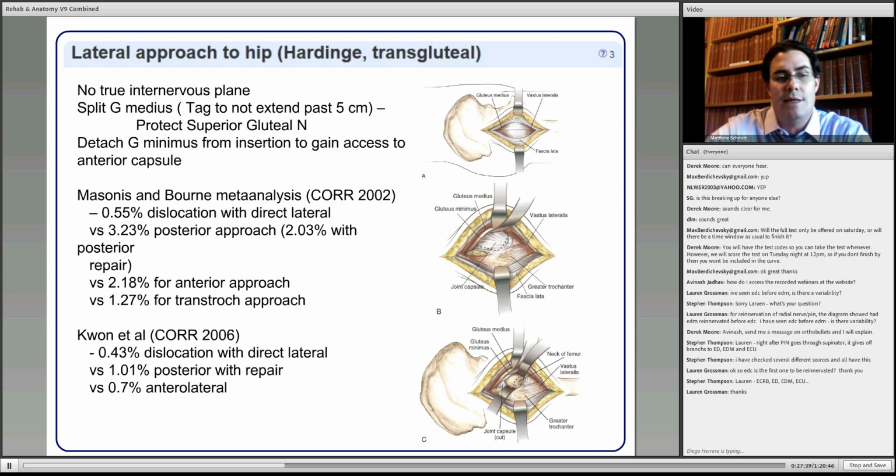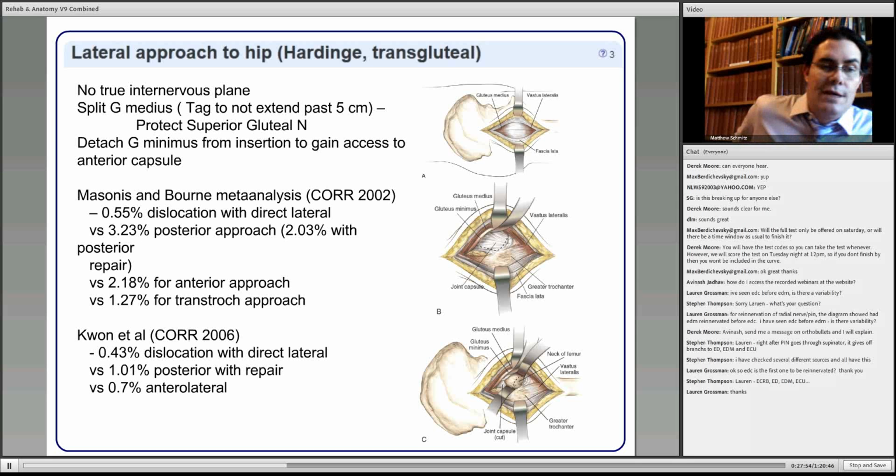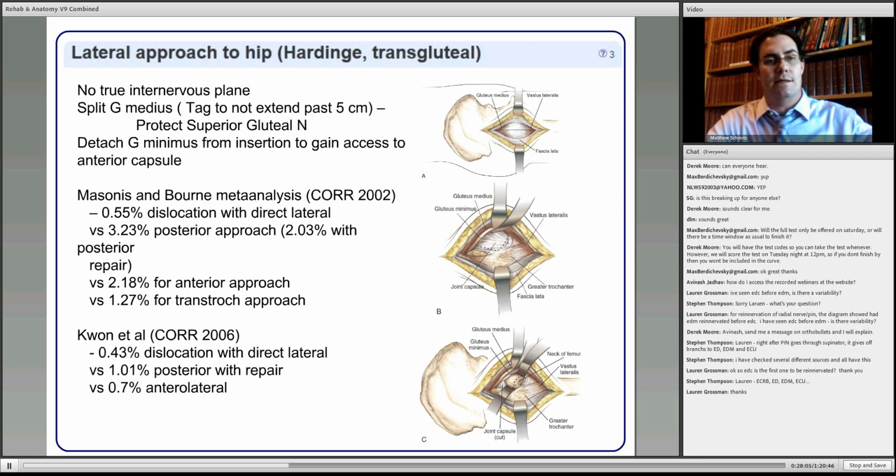This was repeated in 2006, where again the results were similar. They showed in a meta-analysis about 0.5% dislocation with a direct lateral versus, with what they called improved techniques in this meta-analysis, still a 1% risk of dislocation with posterior. So if they're asking what is the best in terms of dislocation rates, the best still to this day remains the lateral approach to the hip, or the Hardinge approach.